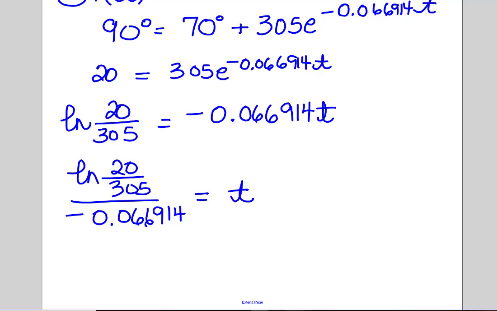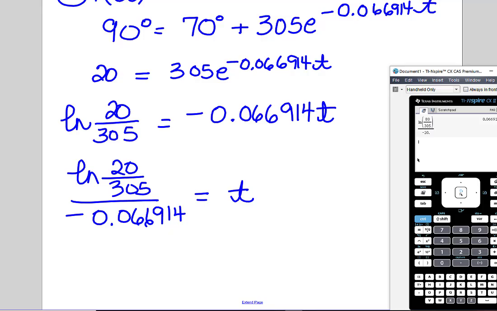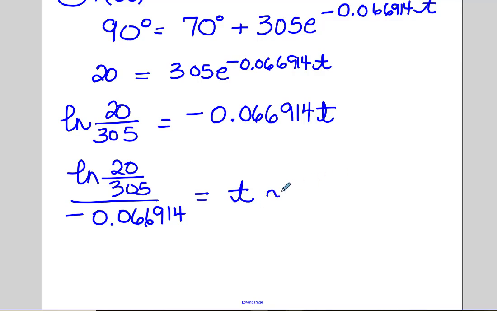So back to the calculator. We got natural log of 20 divided by 305, and that entire amount divided by negative 0.066914. So about 41 minutes, since the time is 40.7176.